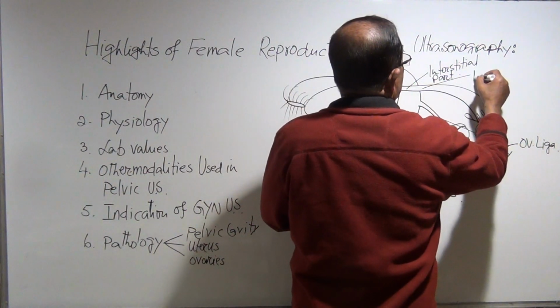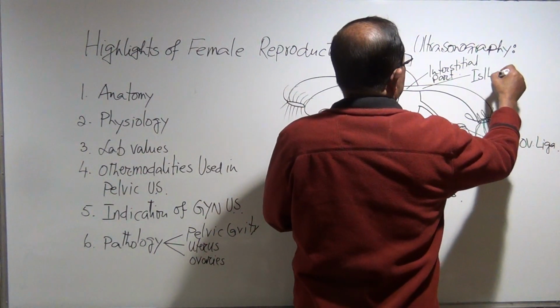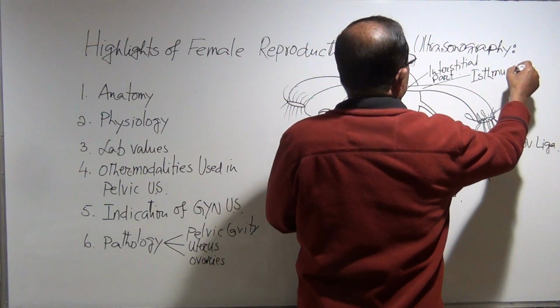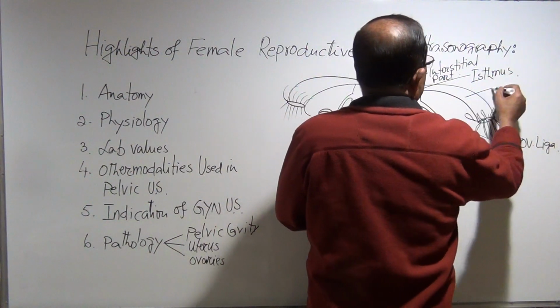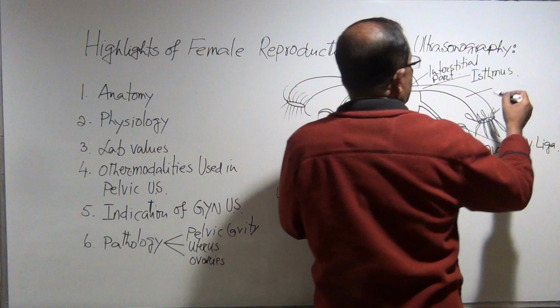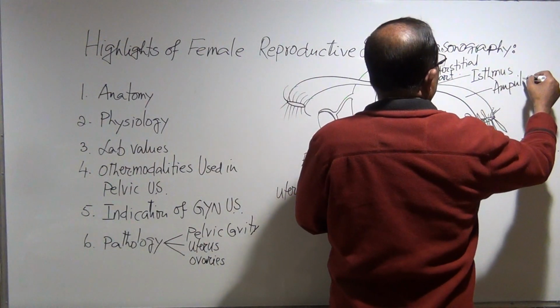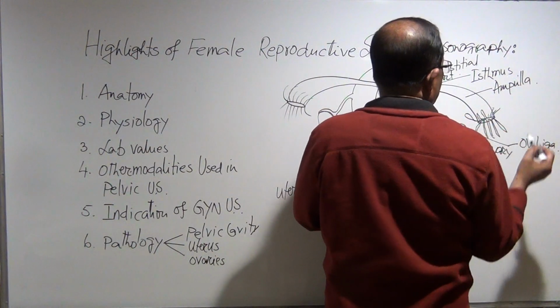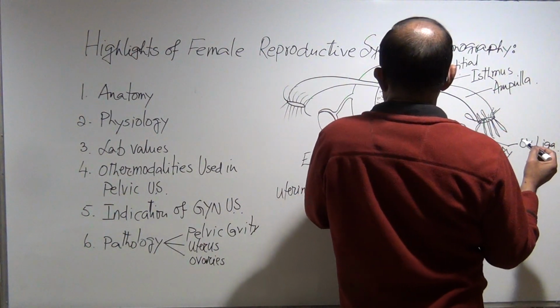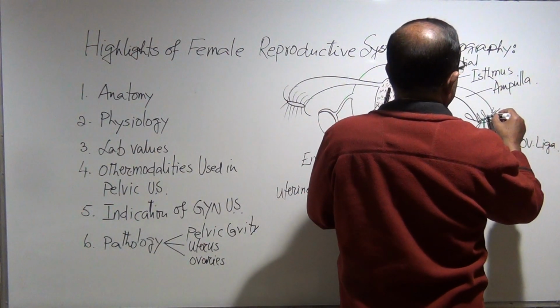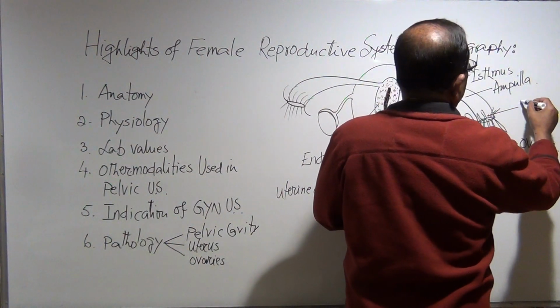This part is isthmus. This is ampulla. This part is infundibulum.